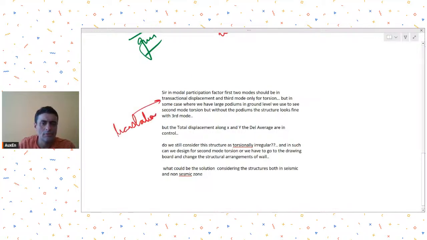So he's saying first two modes should be translational, third mode only in torsion. But in some cases, when we have large podiums in ground level, you may get second modes in torsion, or second mode will be torsion like, but the total displacements along x and y and the average displacements are in control. Do we still consider this as torsionally irregular?